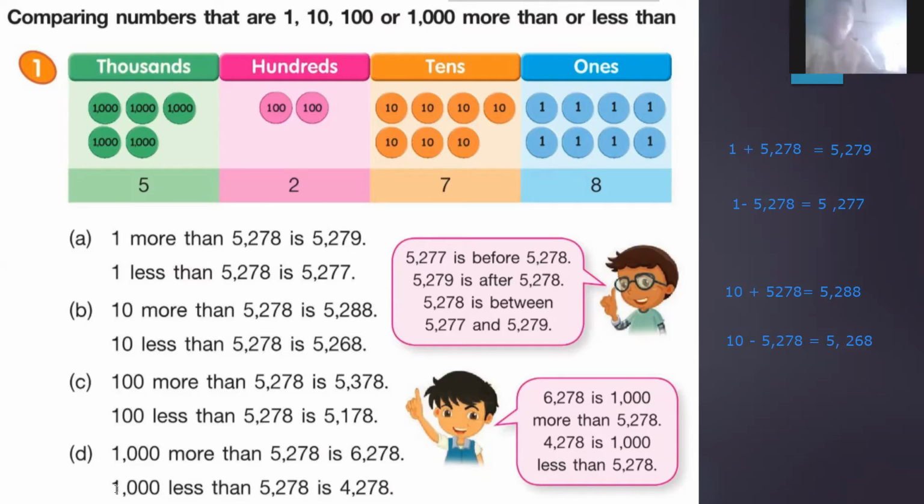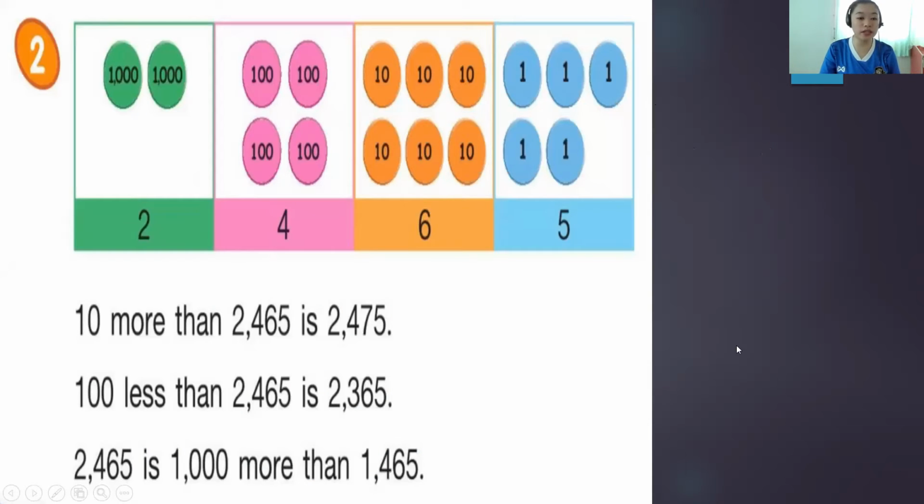And the other statement is 1,000 less than 5,278 is equal to 4,278. So in here, less than, they subtracted 1,000 from 5,278. So it is now equal to 4,278.